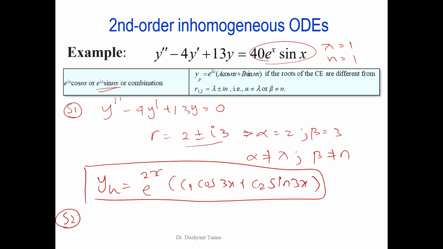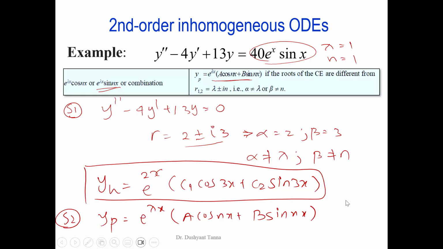Step 2, we form the yp. yp will be as per this, but we don't have the cos term on the right side. You can keep it, that will be made 0. Let's keep it for now. yp is e raised to lambda x, (a cos nx + b sin nx). That's our yp.